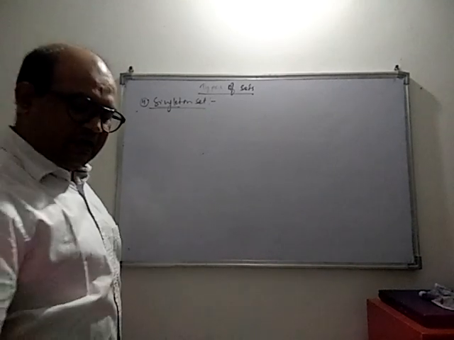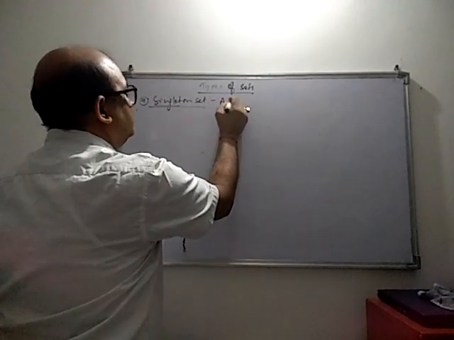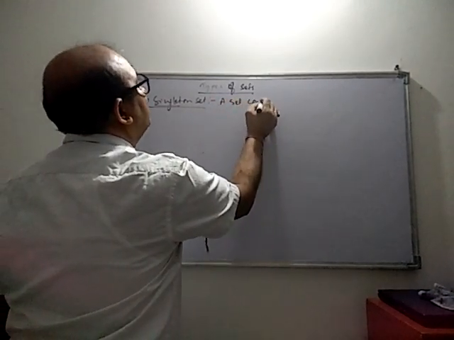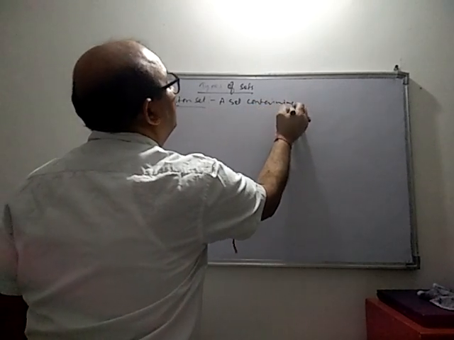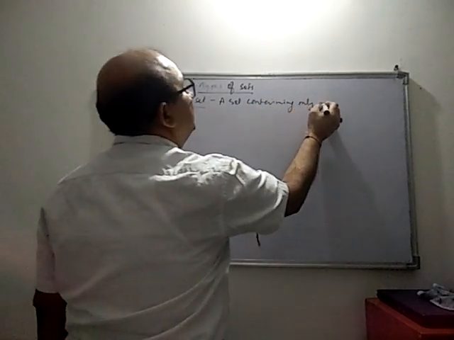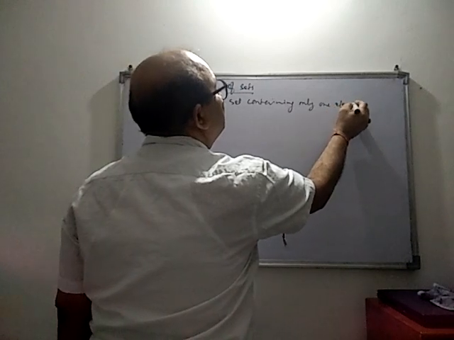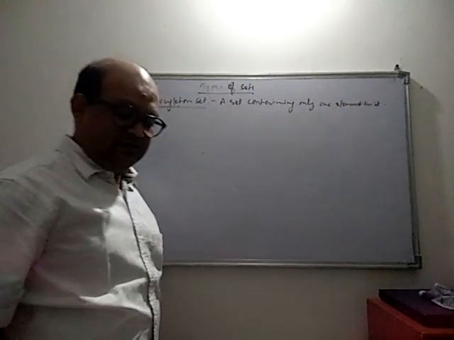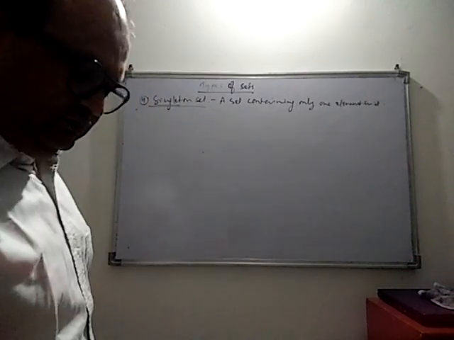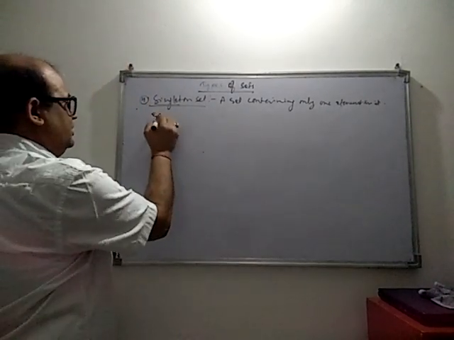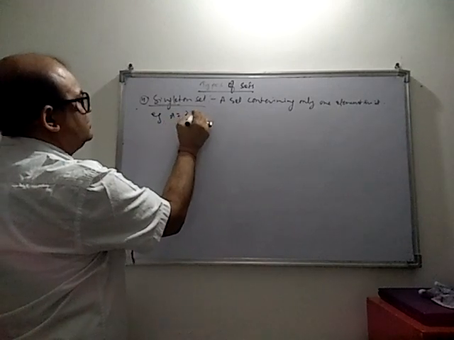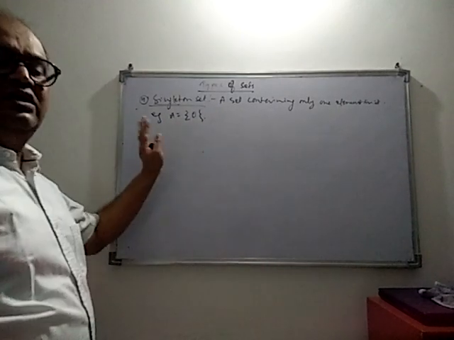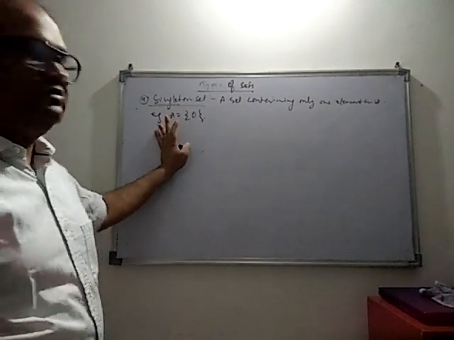A set containing only one element in it is called a singleton set. For example, suppose A is the set containing 0; this is a singleton set.